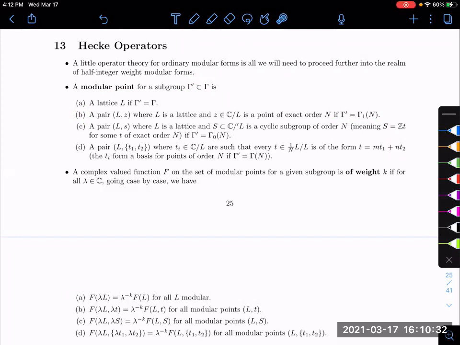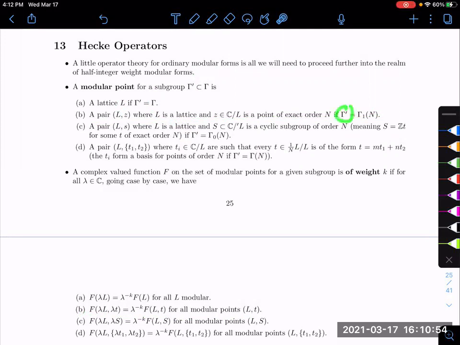So I'm going to give you all 4 of them, but really you just need to keep in mind the second one at each stage. Okay, so the first case is what happens if the subgroup is just SL2Z itself, then we're going to say a modular point for that subgroup is just a lattice L.